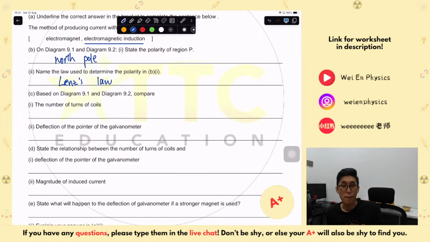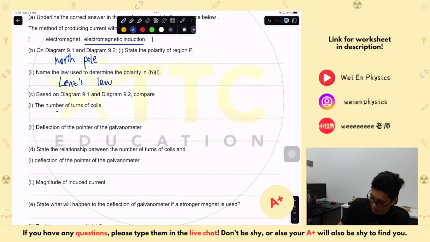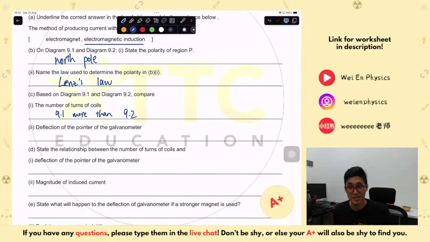Alright, now we compare the number of turns of coil. The number of turns of coil, this one is definitely more than this, 9.1 more than 9.2. Of course, in your exam you write the full sentence: the number of coils in diagram 9.1 is more than diagram 9.2. Okay?